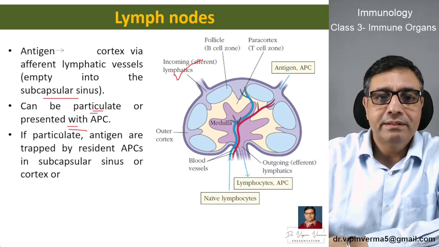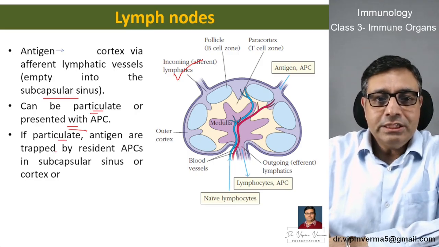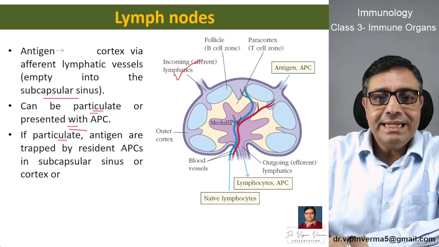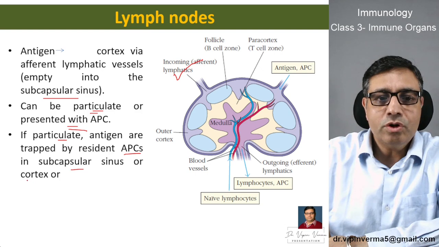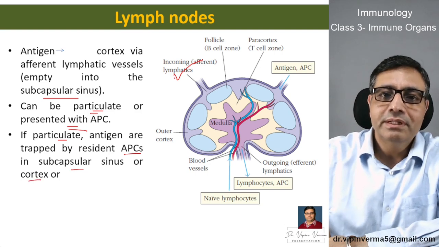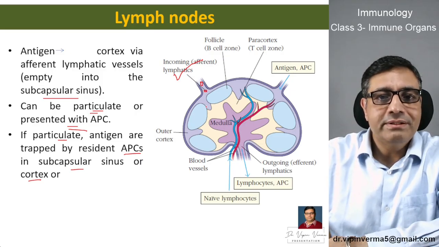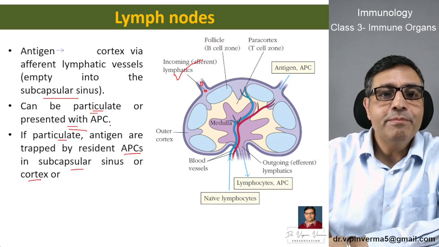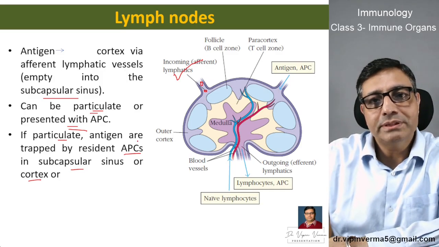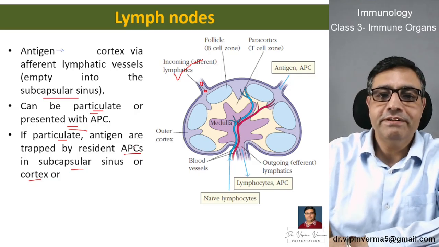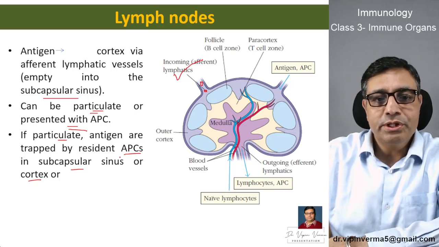If particulate, antigens are trapped by resident antigen presenting cells in the subcapsular sinus or cortex. So suppose an independent antigen is coming as a particulate. When it comes to the cortical region in this sinus, immediately it will be taken up by the antigen presenting cells, processed, and presented with the MHC molecule.